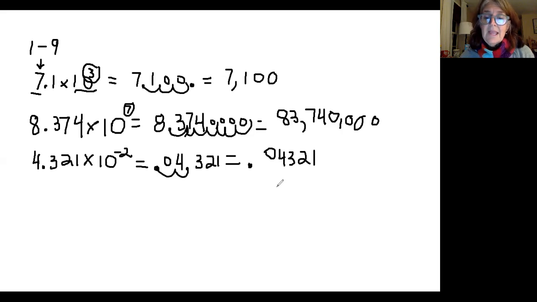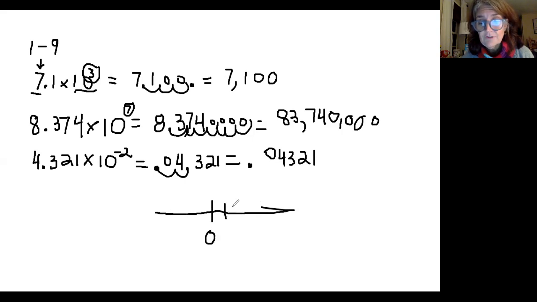Okay? Now I want you to think about a number line like you learned very early in school, where here is the 0, and anytime off to the right, we are in a positive. 1, 2, 3. So when we're moving to the right, we're moving in a positive direction.